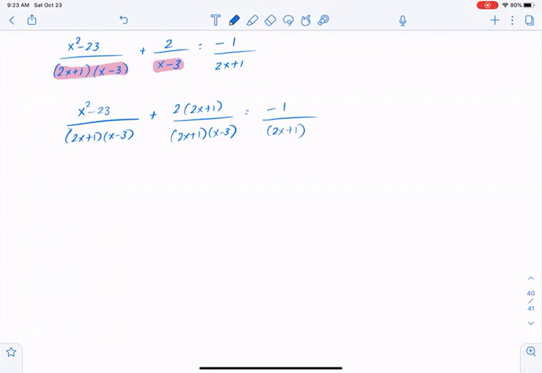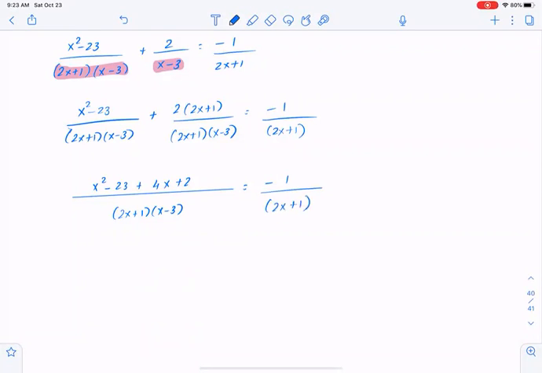We have a common denominator on the left-hand side, so we can combine the numerators. x squared minus 23. Distribute the 2, we will have 4x plus 2, equals negative 1 divided by 2x plus 1.